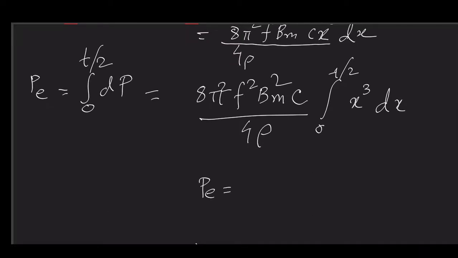PE is equal to pi square, 2 pi square m square bm square c. Okay, 2 also will not be there because these will result in another 4 here.